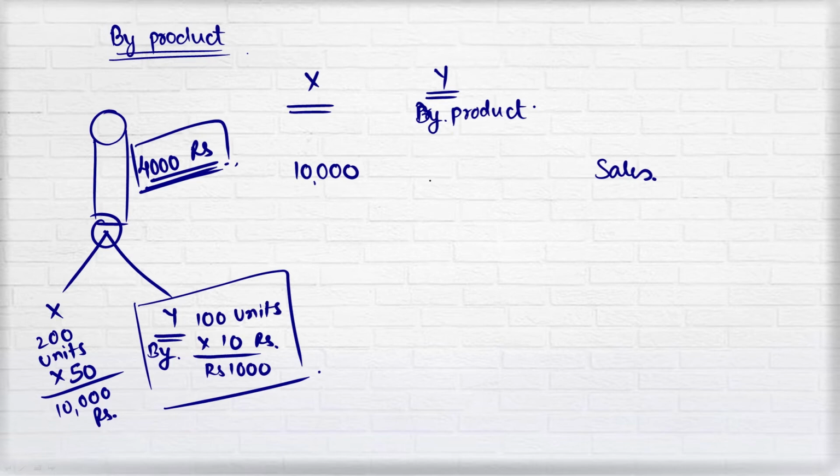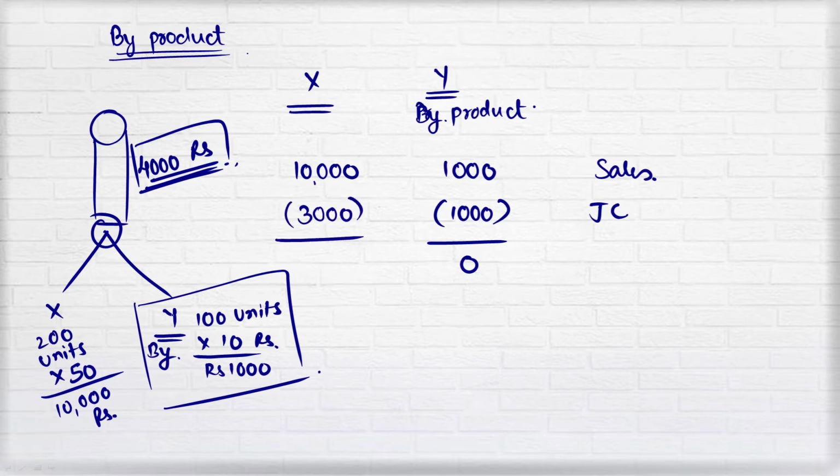So what is the sales of Y? 1,000. 1,000 rupees cost will be allocated to byproduct, so that this becomes 0. And here I will be allocating only how much cost? 3,000 cost. This will be 7,000.